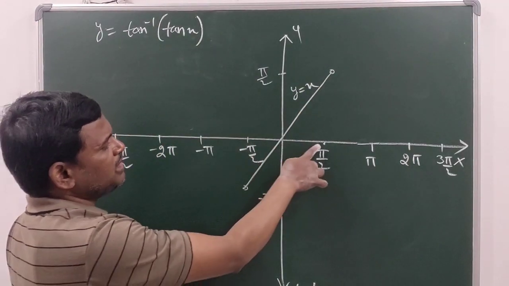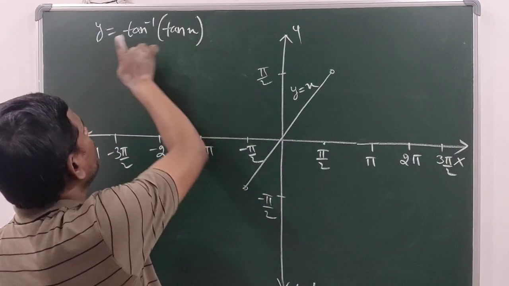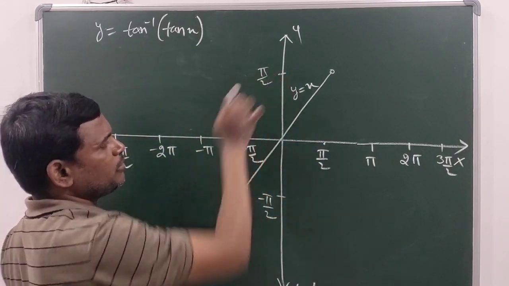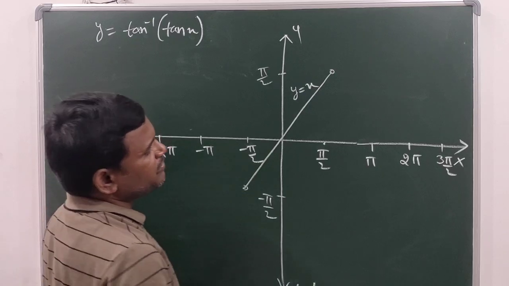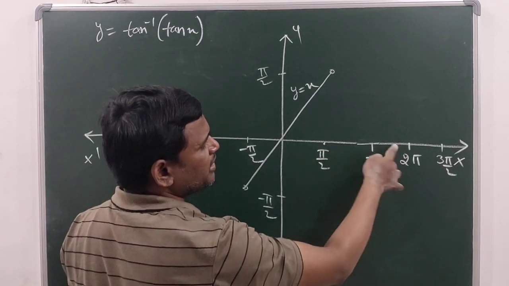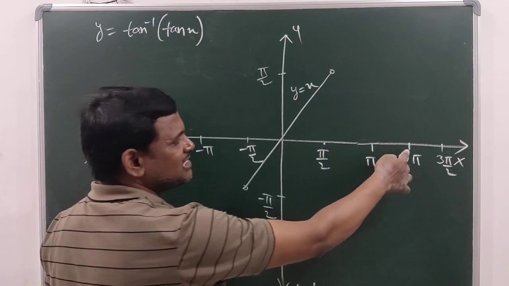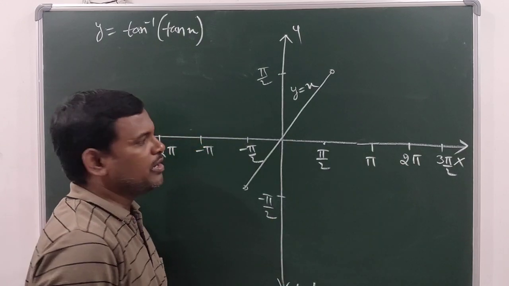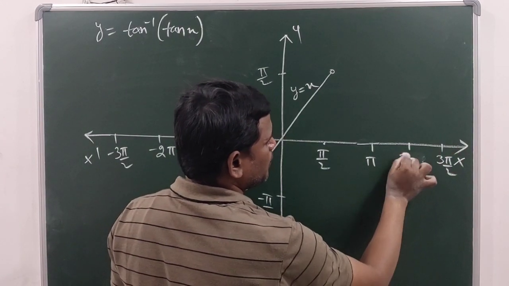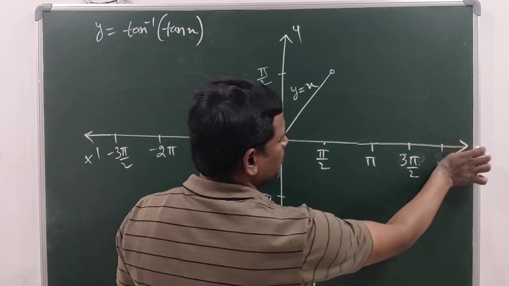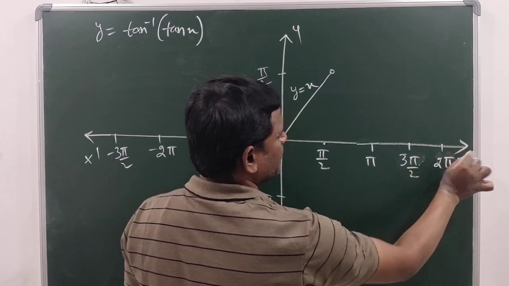When x belongs to minus 90 to 90 here, your range is also minus 90 to 90. When x value is more than 90 and less than, here after pi, here 3 pi by 2 will come, sorry, 3 pi by 2, here 2 pi.